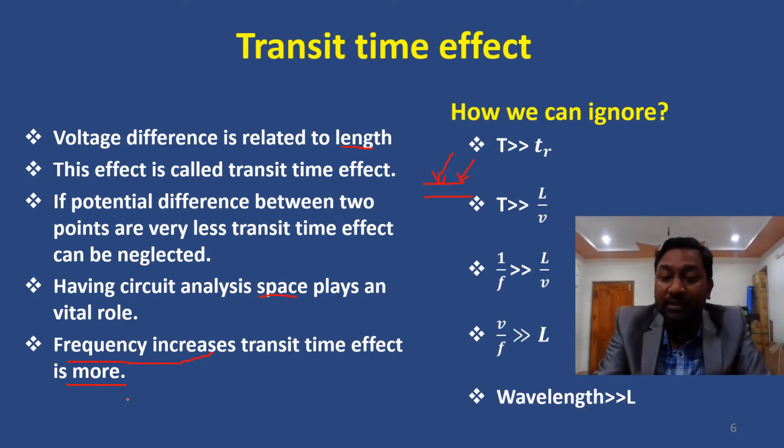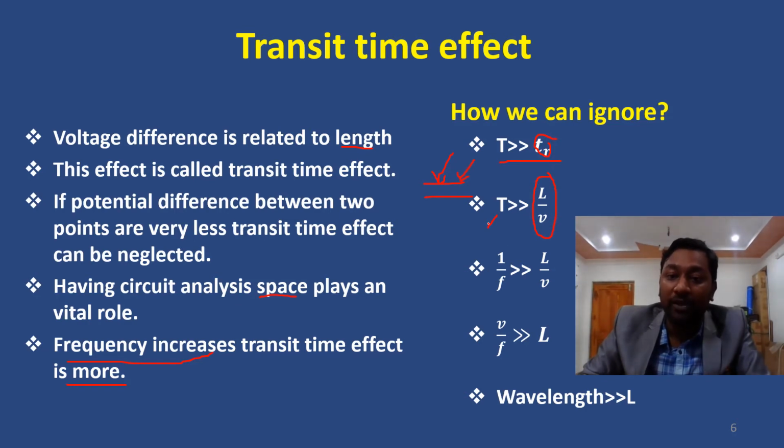The ignoring condition is: if the length of the line is very less, or the time period of the signal is greater than the transit time, that is TR, then we can ignore the effect of the transit time. So T must be greater than TR, where TR can be represented as length divided by velocity.